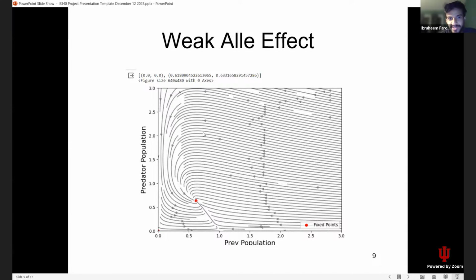Just a disclaimer, the way that I'm displaying these fixed points is not completely robust. It's kind of an estimation. I'm basically just looking through both the derivative of x and the derivative of y, seeing when they are both below a very low number.